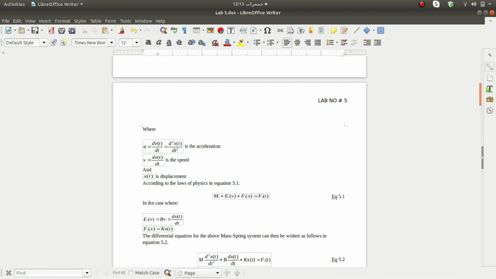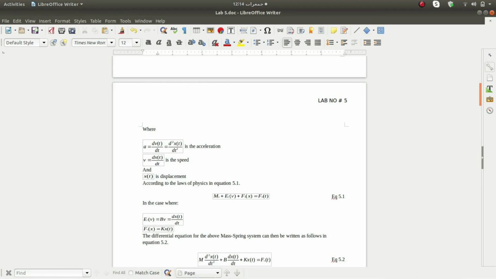For frictional force, we know that it will be equal to the frictional coefficient multiplied by the velocity. We want to convert each quantity into displacement, so we have to put the values in the form of displacement.